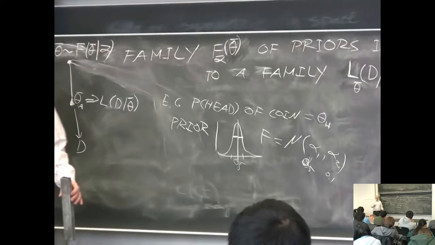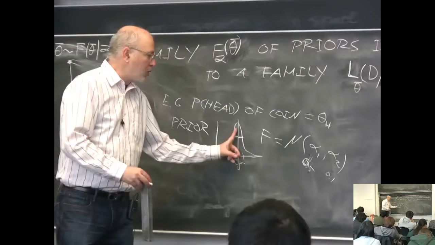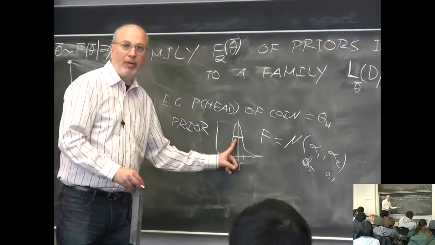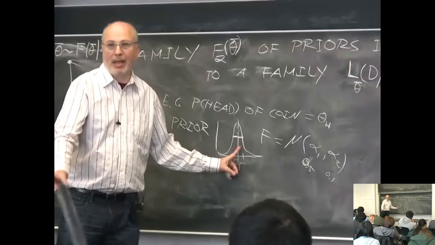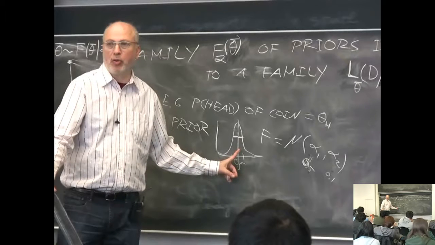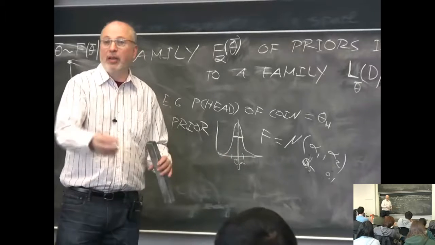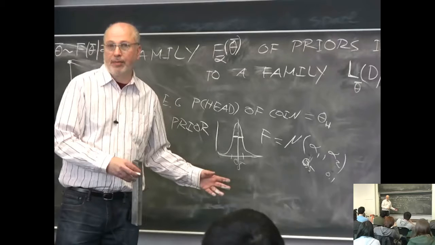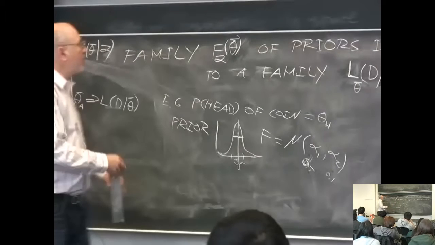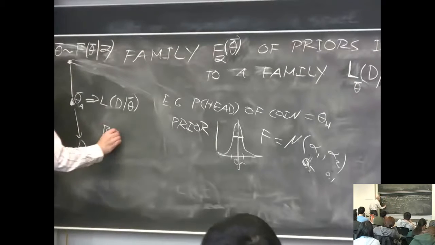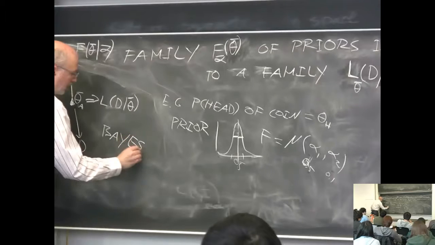Now a coin comes out, it could have been anywhere here, but it's most likely to be around here. I can flip it many, many times and get data that depends on its true theta. Another coin comes out, it might have a different theta. This whole picture is called the Bayesian hierarchical model.